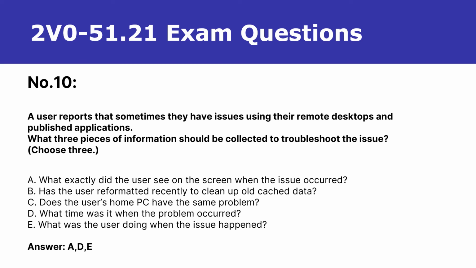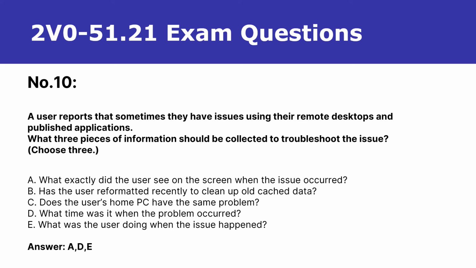Number 10. A user reports that sometimes they have issues using their remote desktops and published applications. What three pieces of information should be collected to troubleshoot the issue? Choose three. A. What exactly did the user see on the screen when the issue occurred?